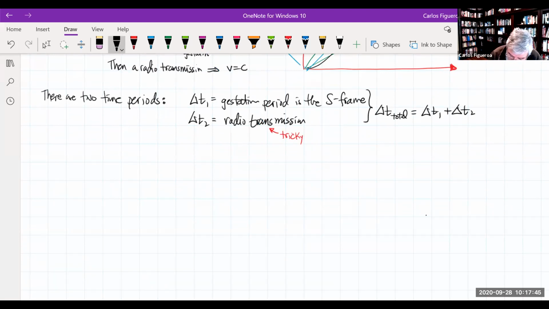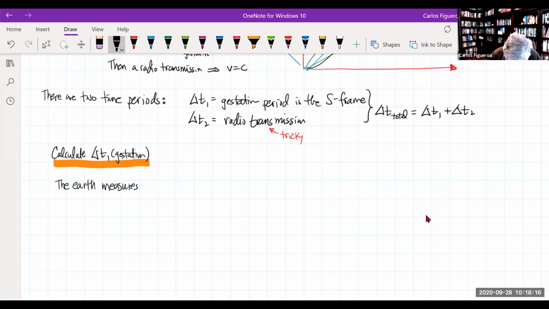So the first thing I need to do is calculate delta T1, and this is essentially this time here. As we already said, the Earth measures a time dilated gestation period.